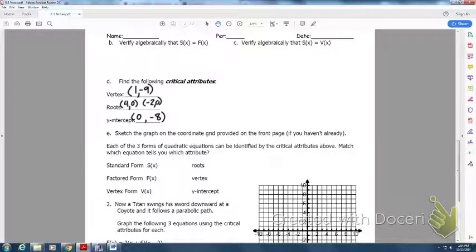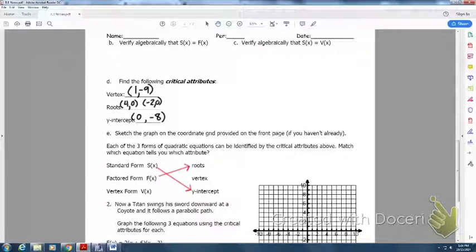Okay, so looking at this, again, just making sure we are all clear on what piece of information is found in what form. Colton, the standard form gives us what piece of information? Usually the y. Okay, y-intercept. Kiera, the factored form gives us what piece of information? The roots.